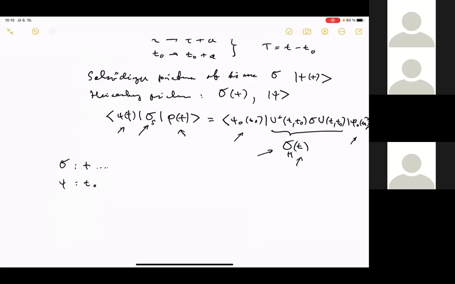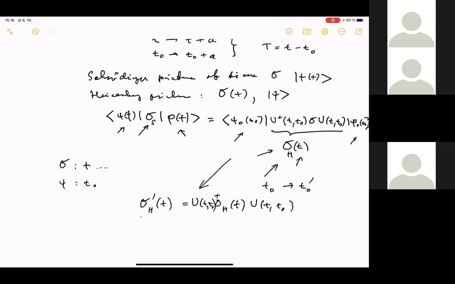Of course, such a definition of Heisenberg operators depends on this initial time t0, and we can, of course, use another initial time t0 prime. And in order to have the same matrix elements at time t, we should introduce new operators O prime(t), which are connected with the old Heisenberg operators just by evolution from t0 to t and t0 back.